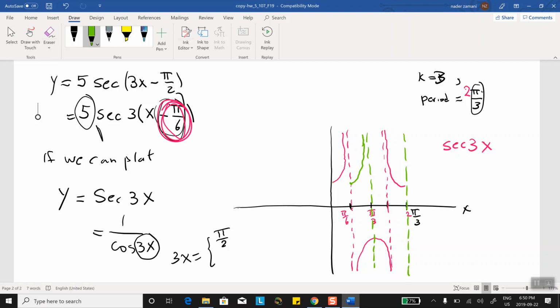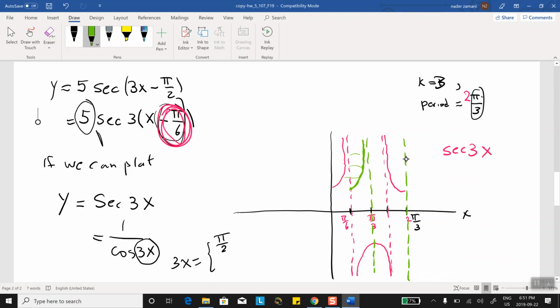And the green one is the shifting of that fellow by pi over 6. You can see that. And I made a mistake in this fellow. Let me see for a second. Pi over 6. No, I guess it was okay. This was okay.